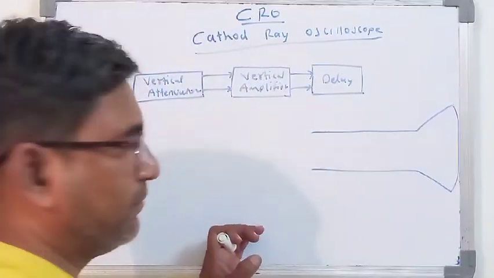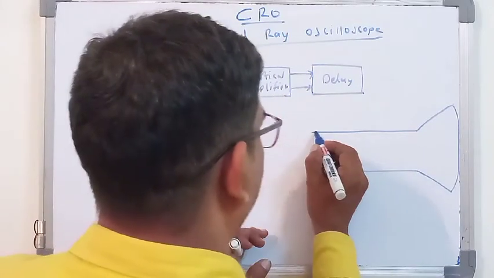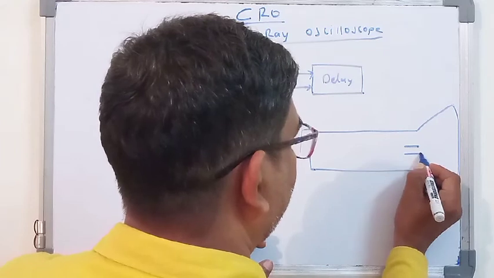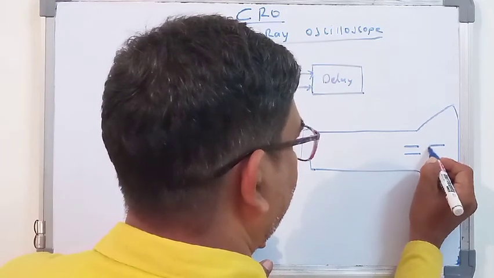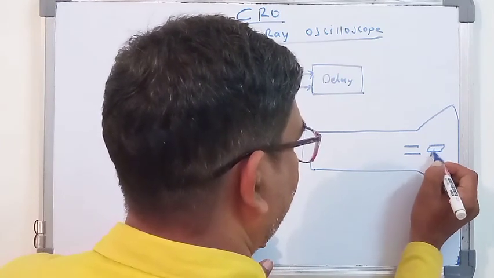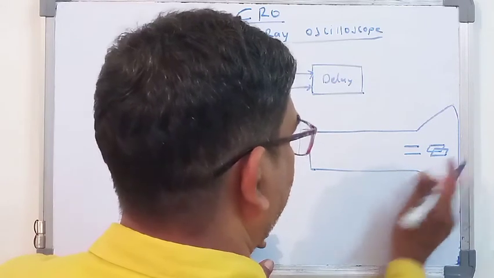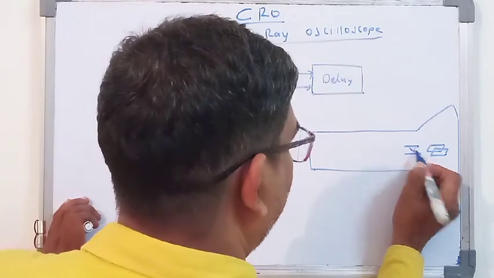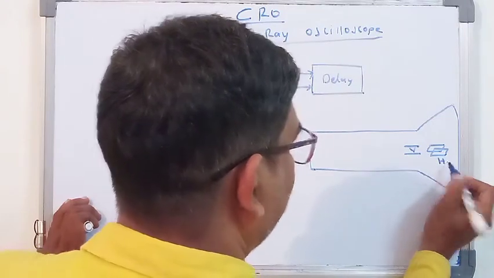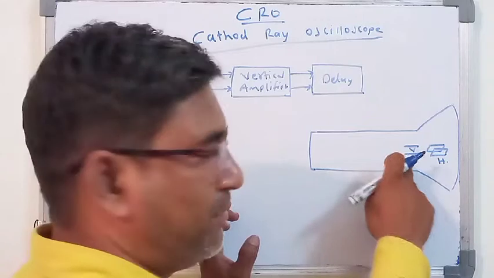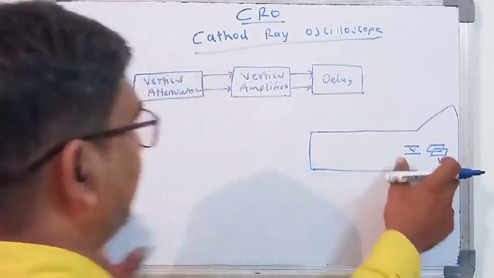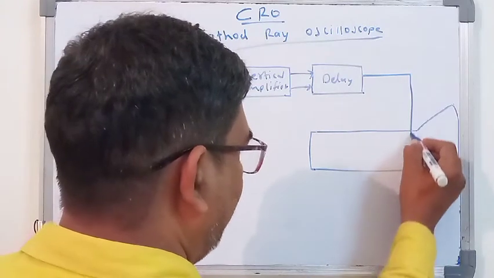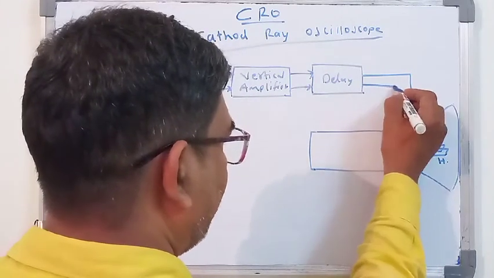The simple way we are going to draw this CRT: the vertical part and the horizontal part, the vertical deflection plate and the horizontal deflection plate. This vertical deflection plate is connected with a delay line like this.